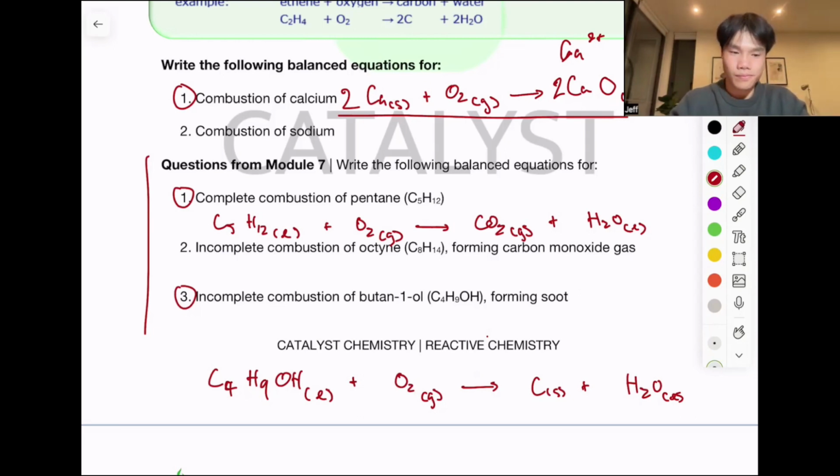Do we balance as well? Yes, please. And when you've balanced, just give me a thumbs up, either with a reaction or your physical thumb.